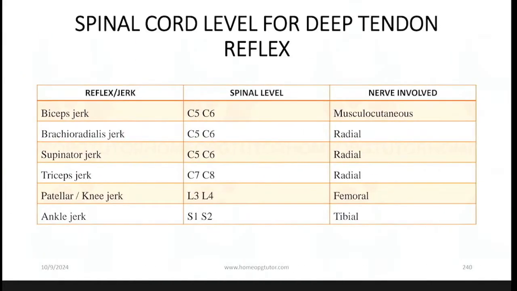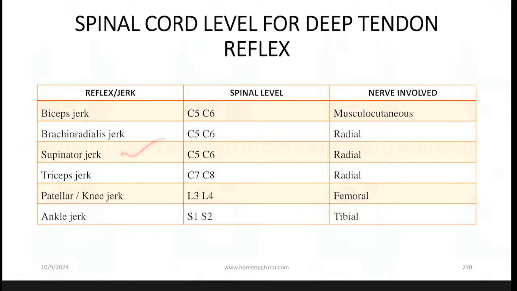Next one, just about the spinal cord level for deep tendon reflex. So remember the values of it. Talking about the first one, that is our biceps jerk. Remember, the spinal level is C5 and C6, and the nerve involved is the musculocutaneous nerve. Next one, a brachioradialis jerk. Okay, that is again C5 and C6. Same in the case of the supinator jerk also.